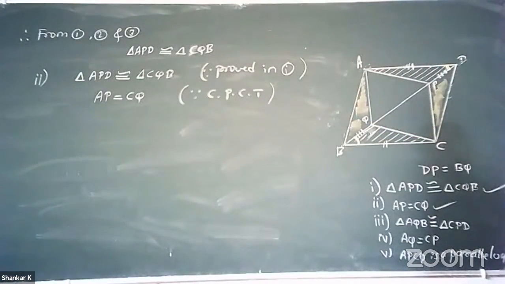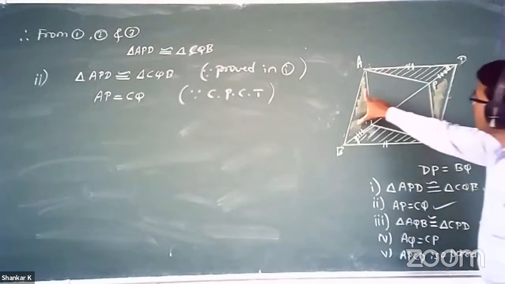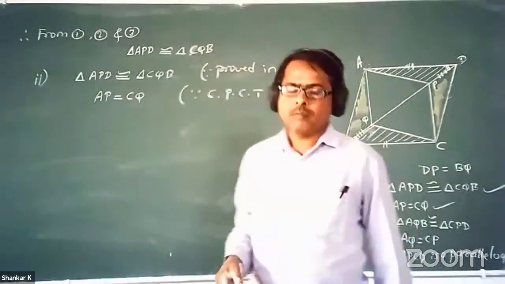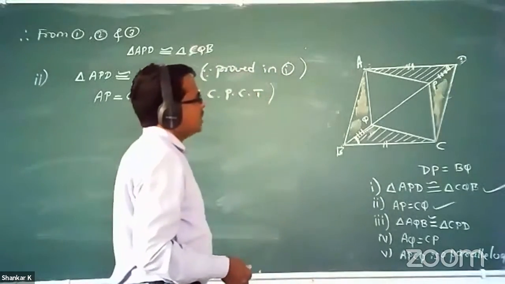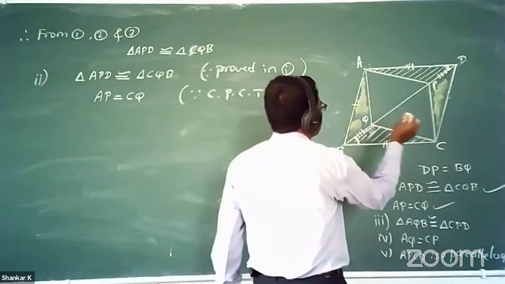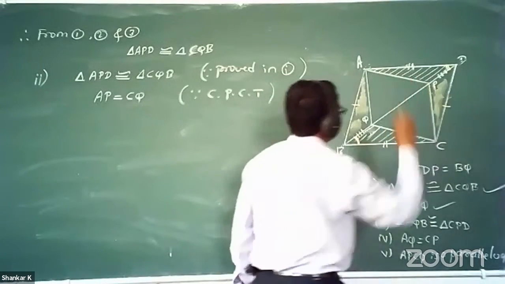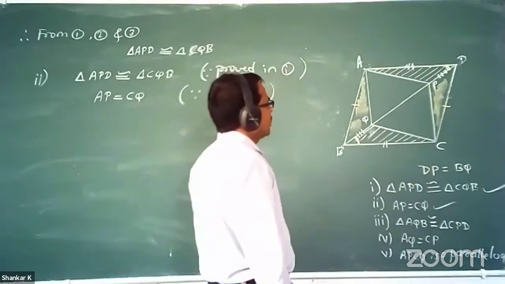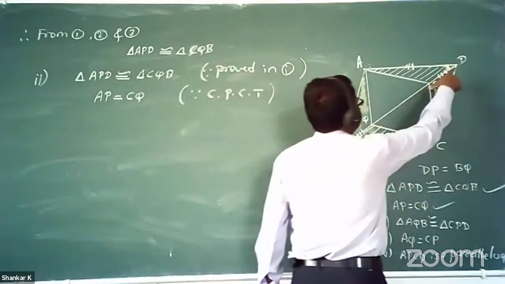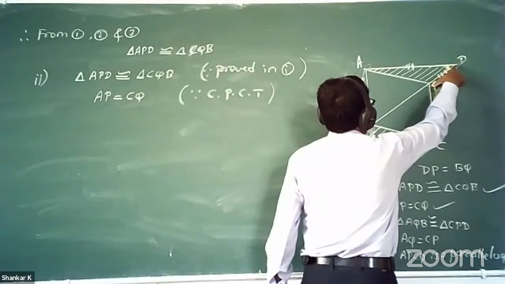Which are equal parts in these two triangles? CD and AB are equal. Why are CD and AB equal? Because opposite sides of the parallelogram are equal. This one and this one are equal. Already BQ and DP are equal.